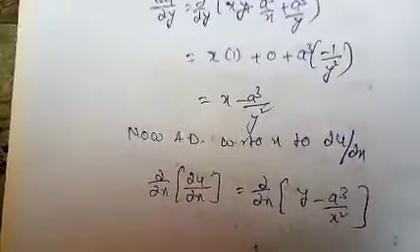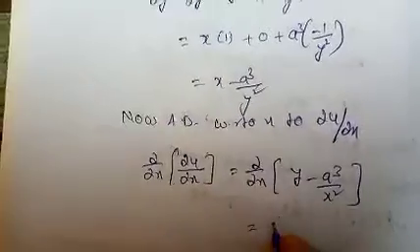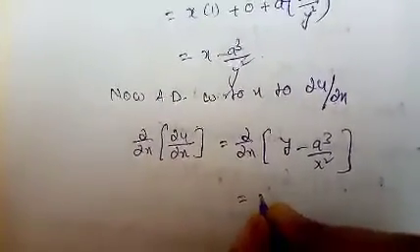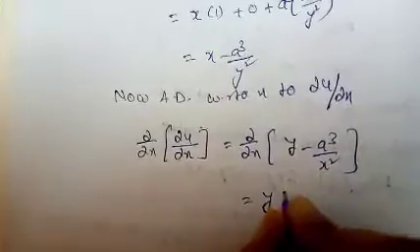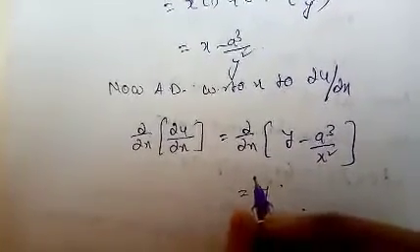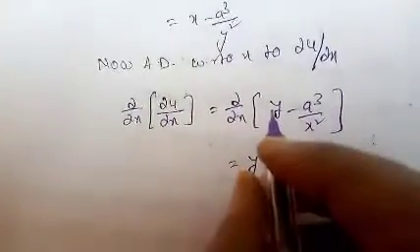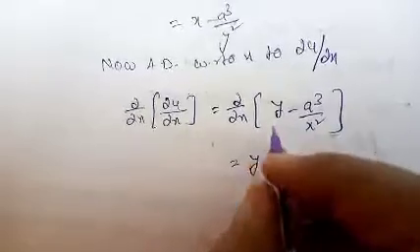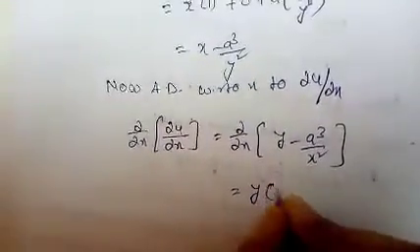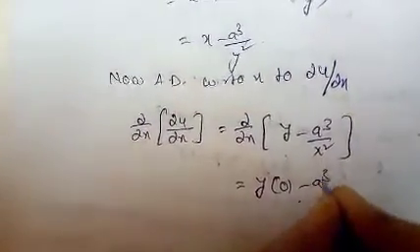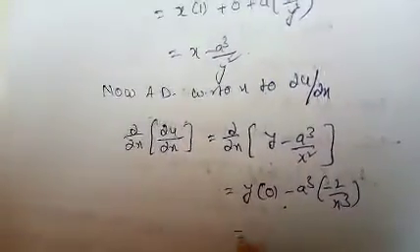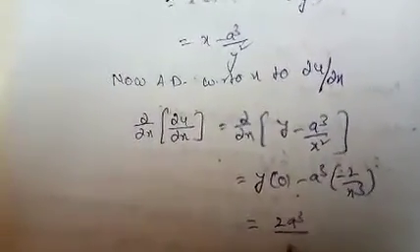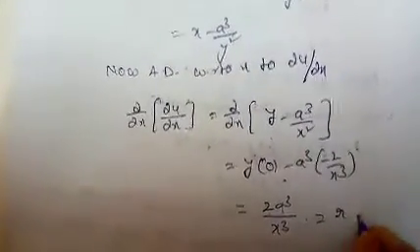So then y into the derivative is 0, minus a cube into the derivative of 1 by x square, which is minus 2 by x cube. So then which implies 2a cube by x cube. So this is r, say.